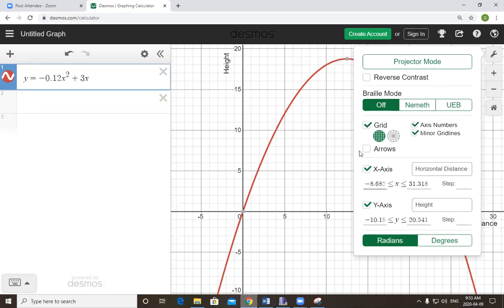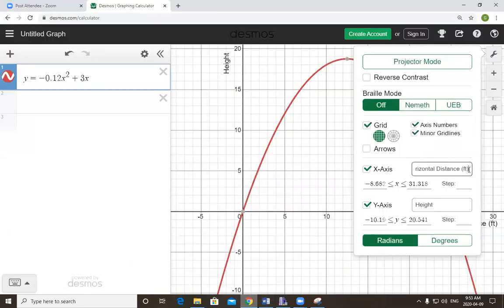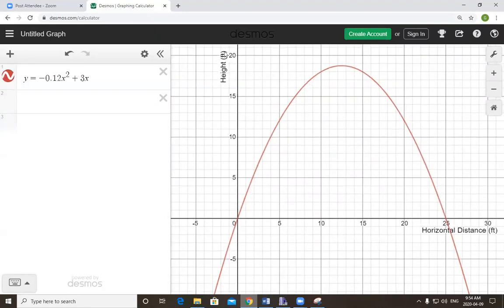Don't forget units. So when we're labeling, it's in feet and in feet. So we have to put the proper units in here. So horizontal distance is FT for feet, and height would be FT for feet. Okay, so we have this labeled and we are good to go. Graph is nicely labeled and we have our graph.